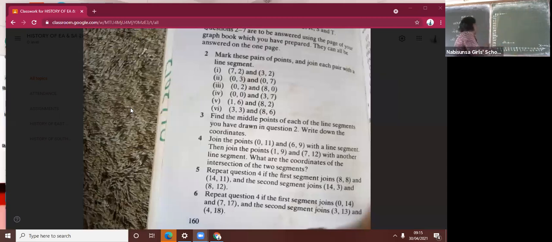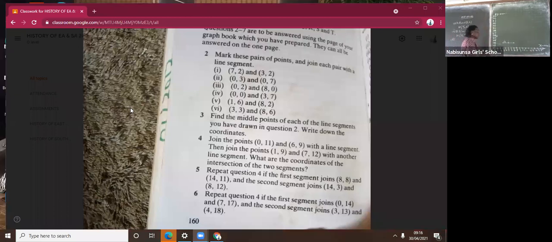Can we join them with a line? We join with a line. And then we are finding its midpoint. I saw some girls posted some work and they had done it very well.